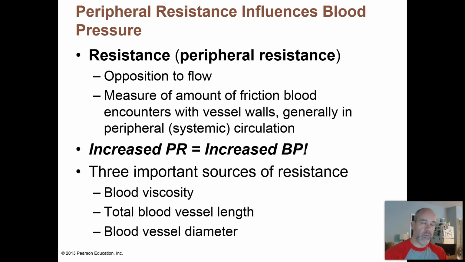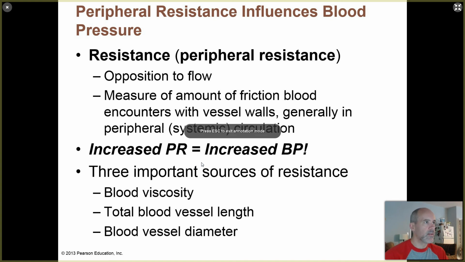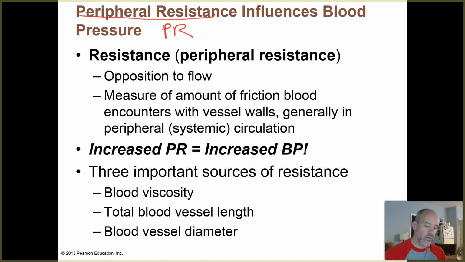All right, now peripheral resistance is a newer topic for us, so we will spend some more time talking about peripheral resistance here in Unit 3. So peripheral resistance, or PR, again, what that refers to is opposition to blood flow, anything that makes blood flow through your blood vessels more difficult.